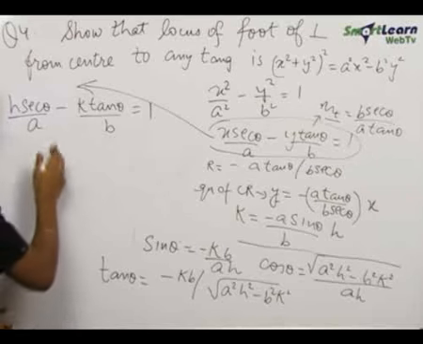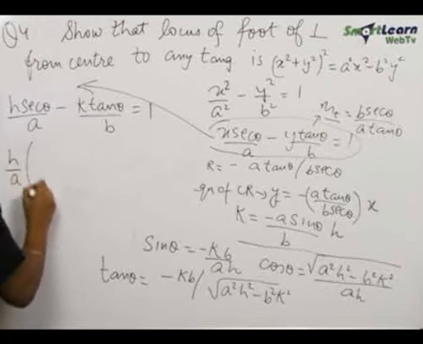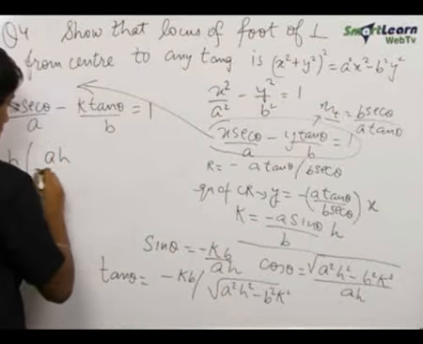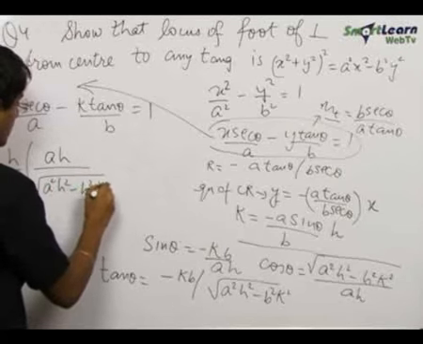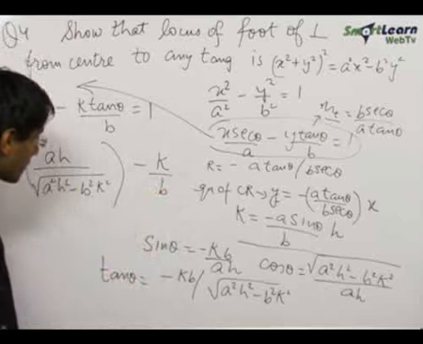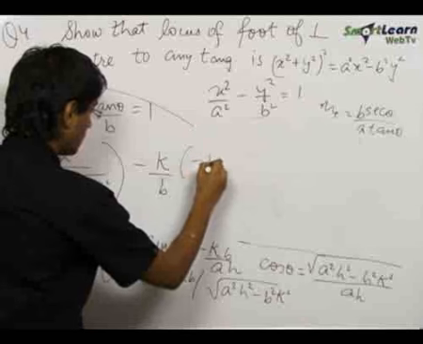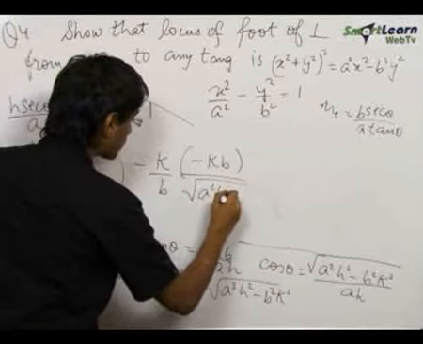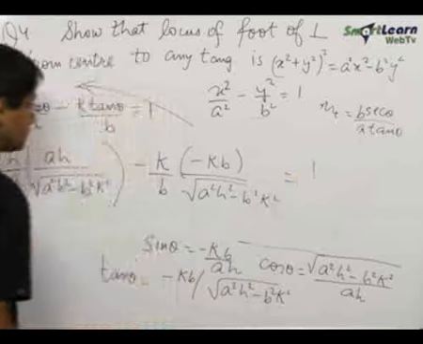Now putting the value of sec θ and tan θ from over here, we get h/a times sec θ, which is ah/√(a²h² − b²k²), minus k/b times tan θ, and tan θ is equal to −kb/√(a²h² − b²k²), is equal to 1.